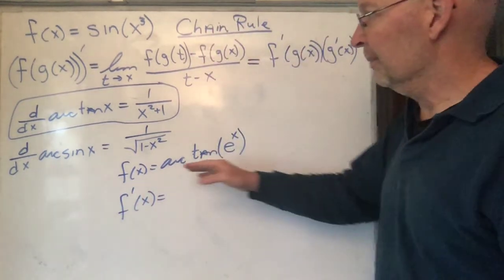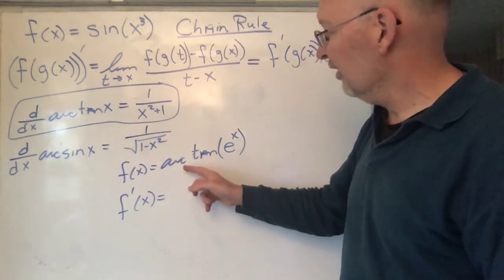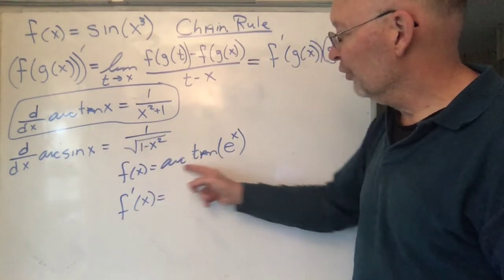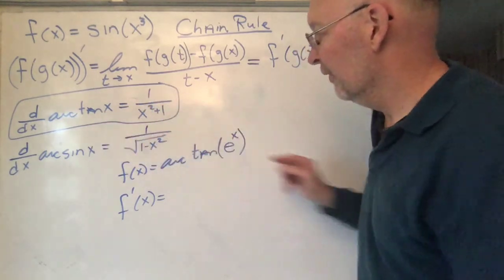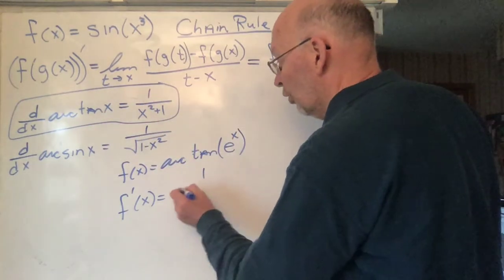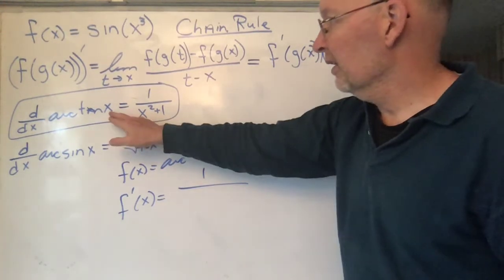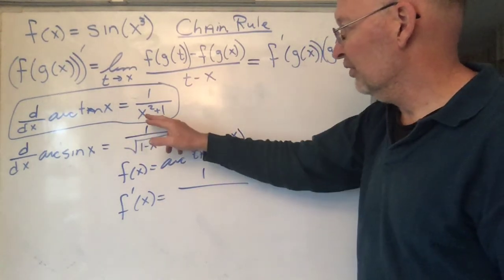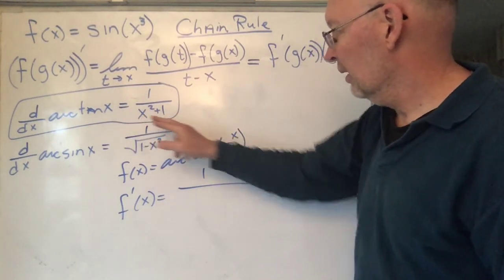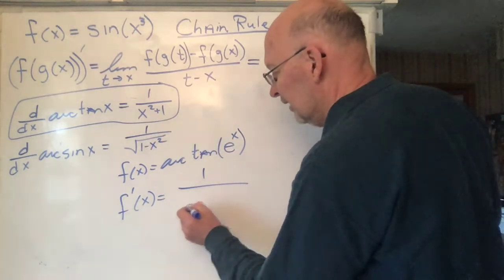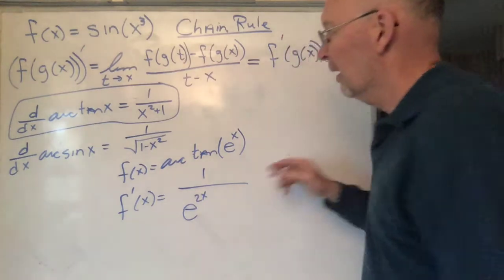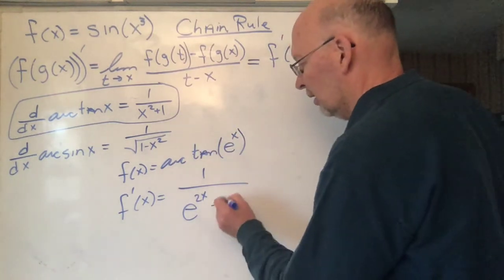Well, what does it say? You have to work from the outside in. So what's the derivative of the arctangent of anything? The derivative of the arctangent of anything is 1 over whatever is there. You don't touch it, you just square it. So this thing squared, if I take e to the x and square it, it's going to be e to the 2x, and then add 1 to it.